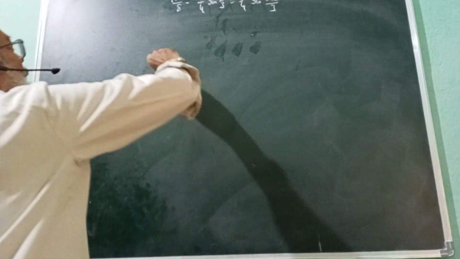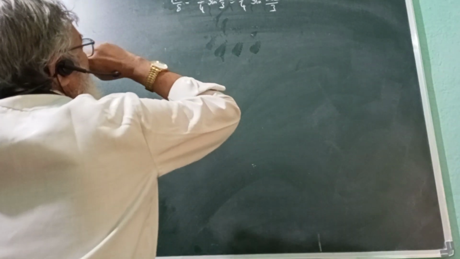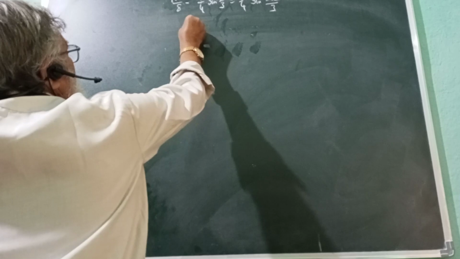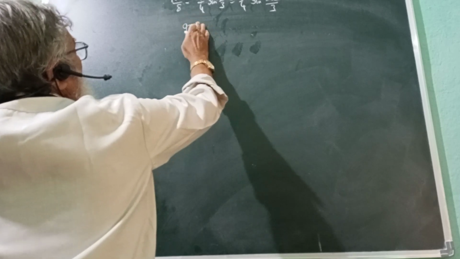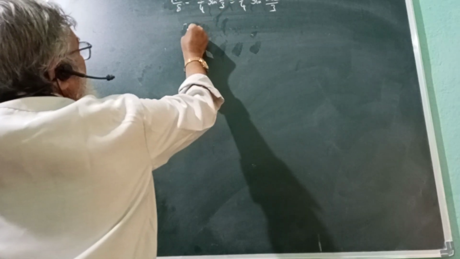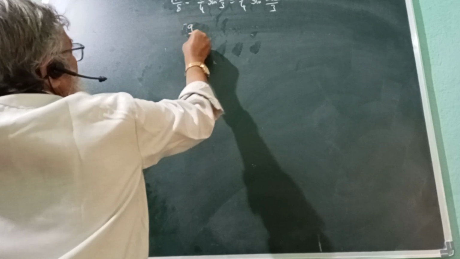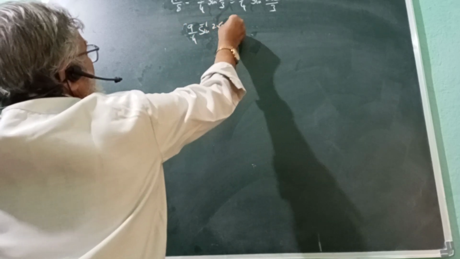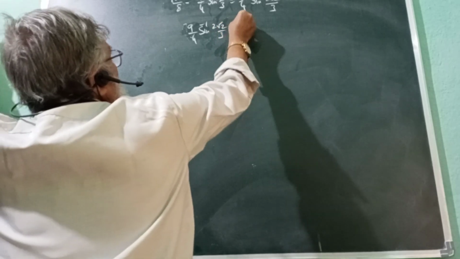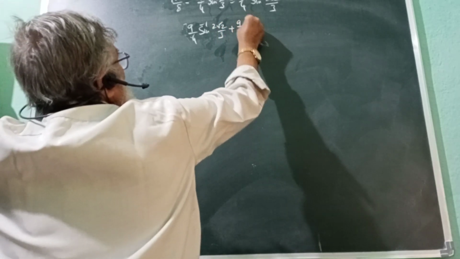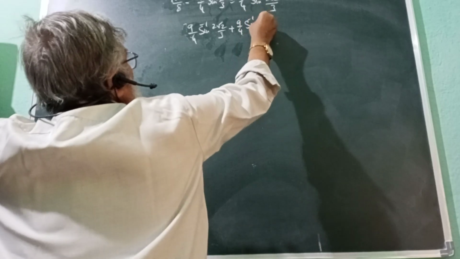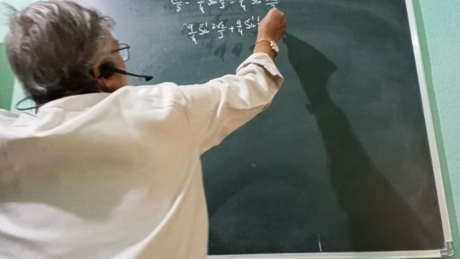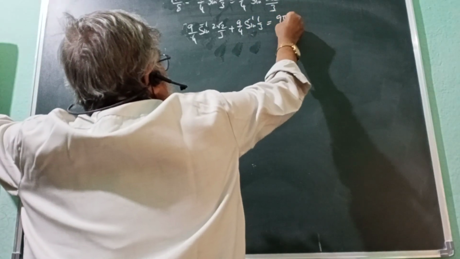So here you can write it is 9 pi by 8, or you can take it to that side and write 9 by 4 sine inverse of 2 root 2 by 3 plus 9 by 4 sine inverse of 1 by 3 should be proved as 9 pi by 8.